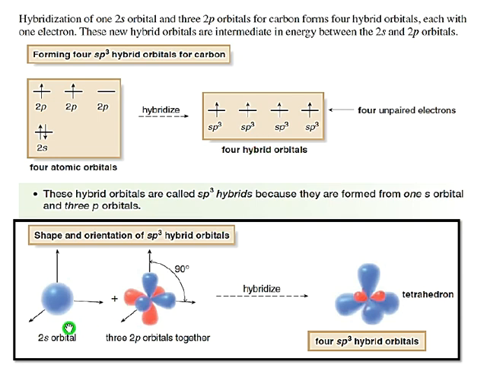Look here again, the s orbital is just like a ball, and with the p orbitals, hybridization gives you new hybrid orbitals.